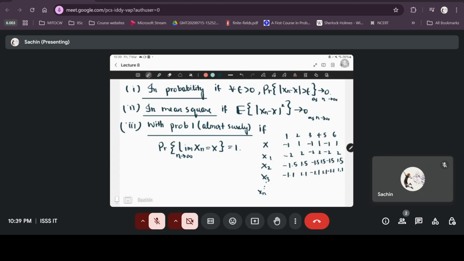So for x1, the difference x1 minus x is minus 1, and suppose I pick epsilon equals half.